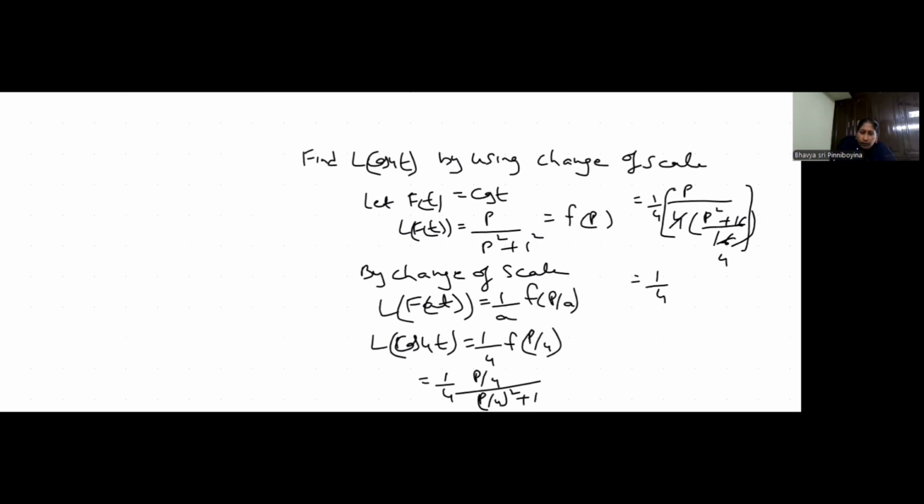So 4p by p square plus 16. So both 4s will cancel. We get p by p square plus 16. So by using the change of scale method, the Laplace of cos 4t is p by p square plus 16.